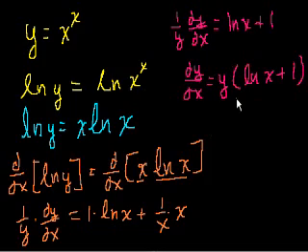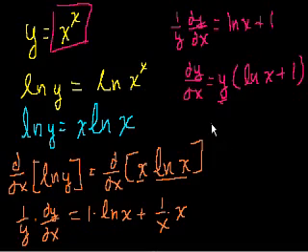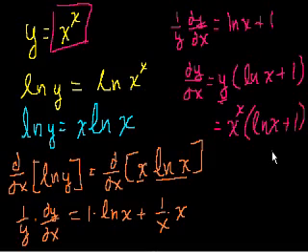Now you might say you're done, but some people just don't like the change of y with respect to x being defined in terms of y. So let's substitute. We know that y is equal to x to the x. So that equals x to the x times the natural log of x plus 1.